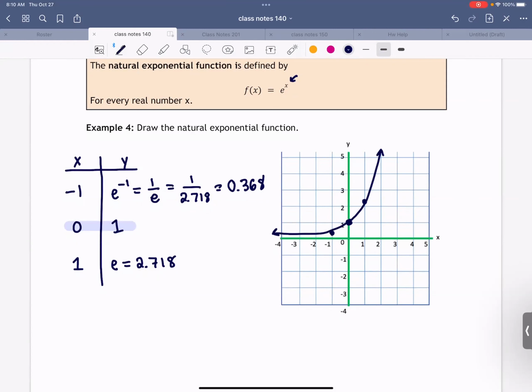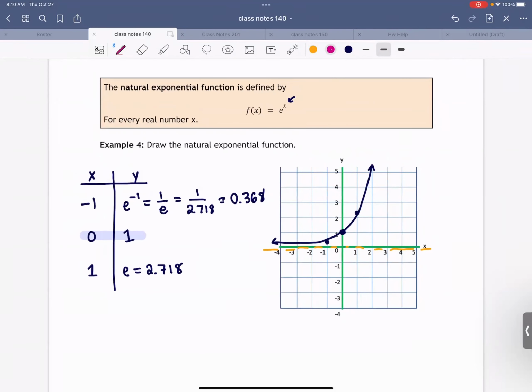And there is a natural kind of asymptote going on here at the x-axis because our graph gets really, really close to the x-axis, but it never touches it. Okay. So the natural exponential function looks just like an exponential function, okay? It's just a weird number on the bottom. Okay. Any questions so far?